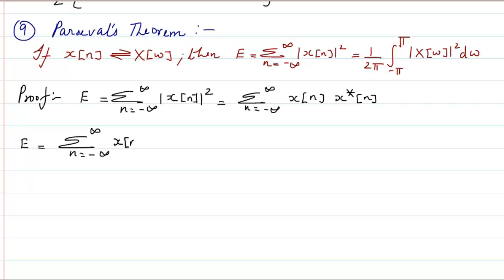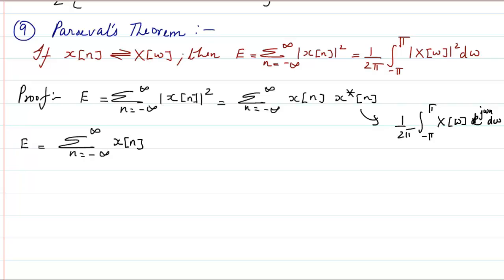Then the second portion can be written as a Fourier inverse. What is a Fourier inverse? 1 by 2 pi from minus pi to plus pi x of omega e raised to power j omega n d omega. This is the Fourier inverse, and that means this is the Fourier transform.